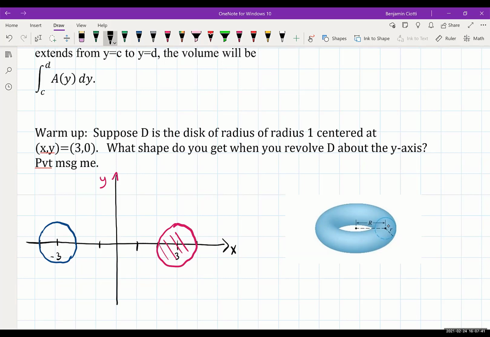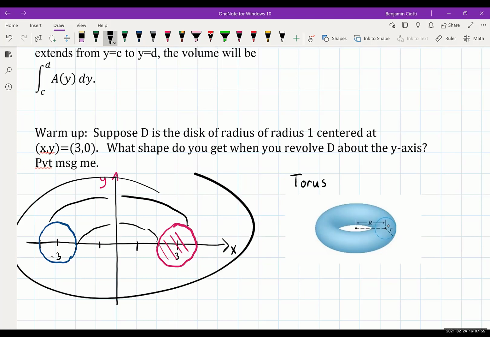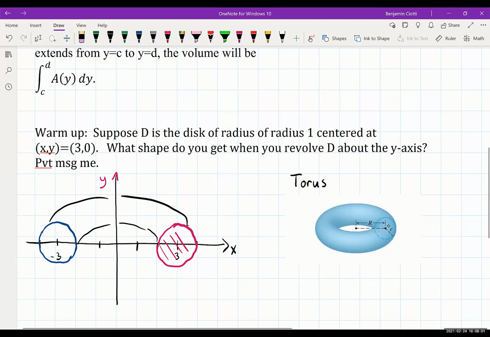The technical name is a torus. Okay. So you kind of have to do this rotation in your head, and it's kind of hard for me to draw, but this image right here is looking at it face on and cut in half.